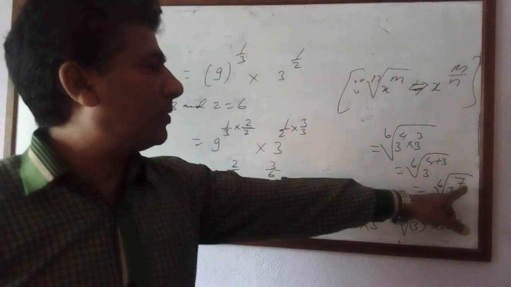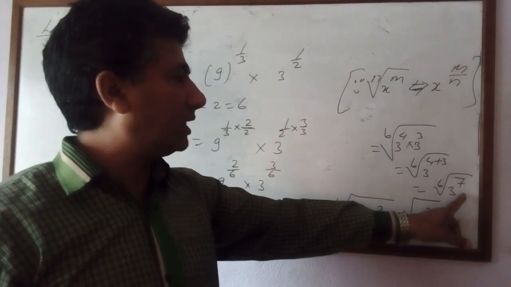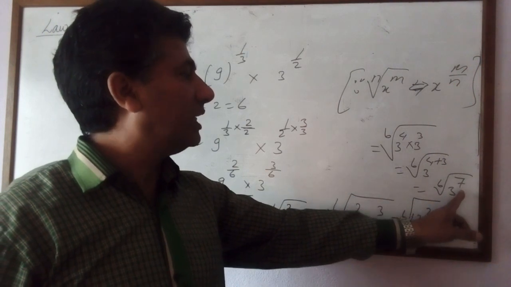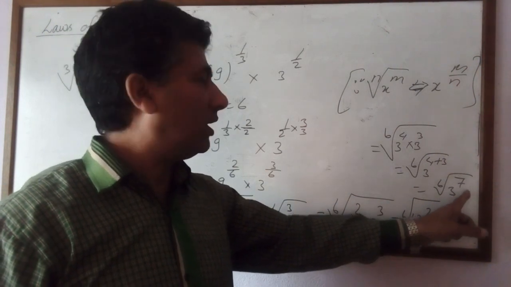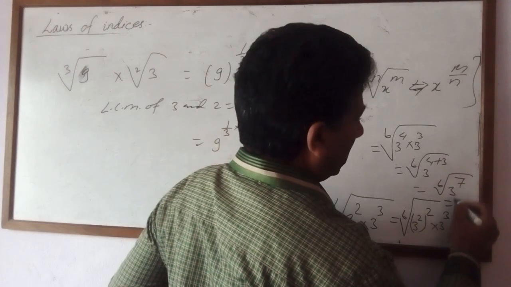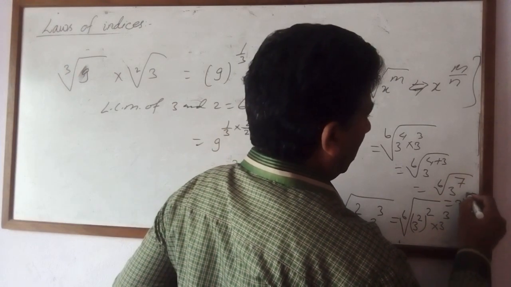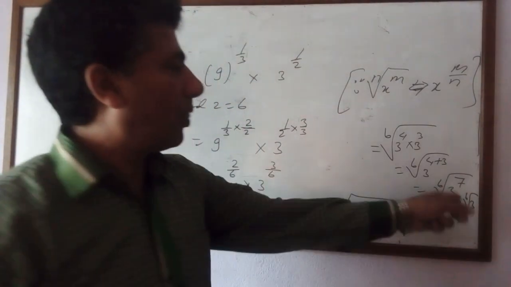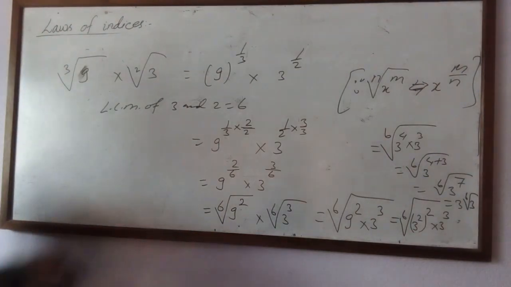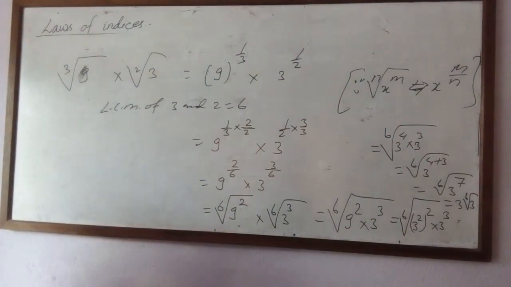Now 3 power 7 has one more than 6, so 3 comes out and the remaining is the sixth root of 3. Okay, these are the simple rules of laws of indices.